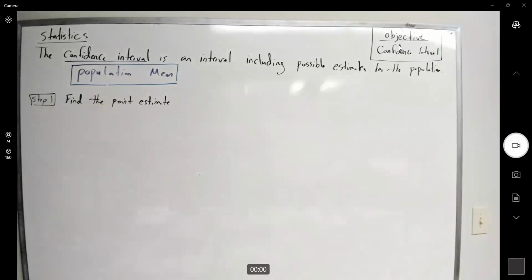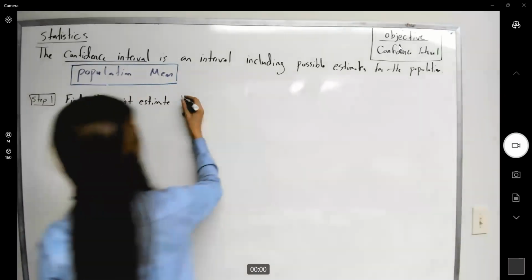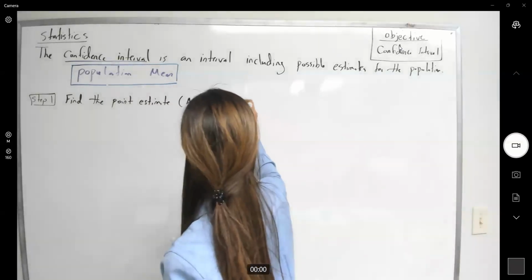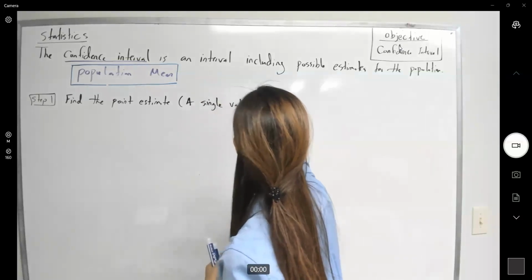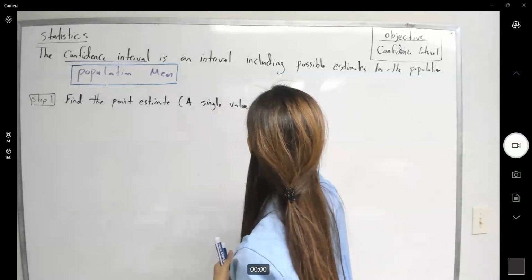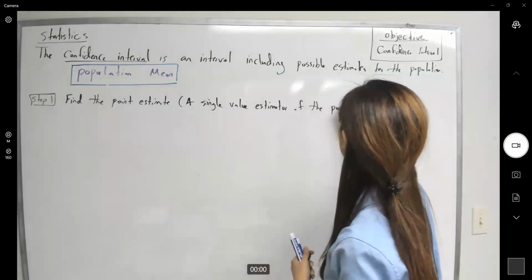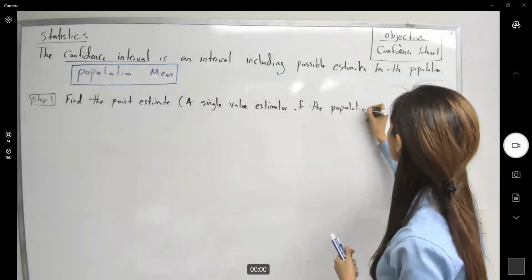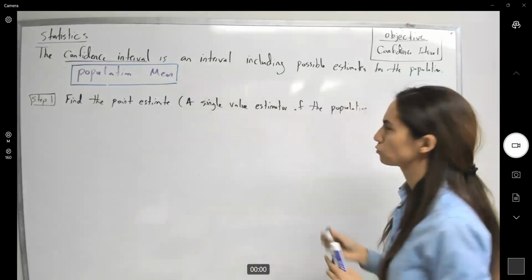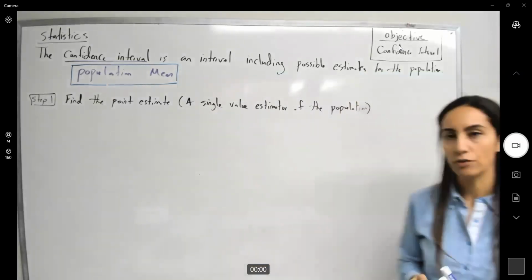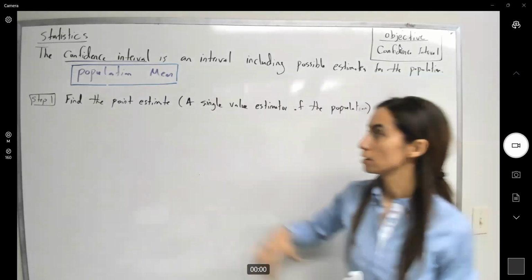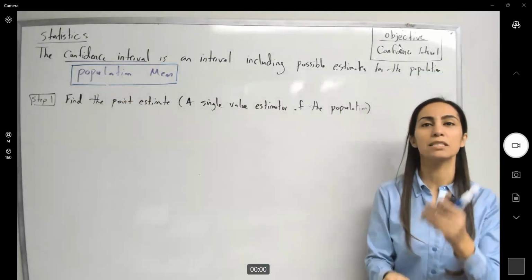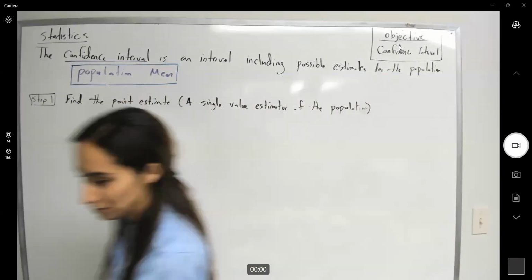A point estimate is a single value estimator of the population parameter. So question is, when you're trying to estimate the population mean, what is the best point estimate?